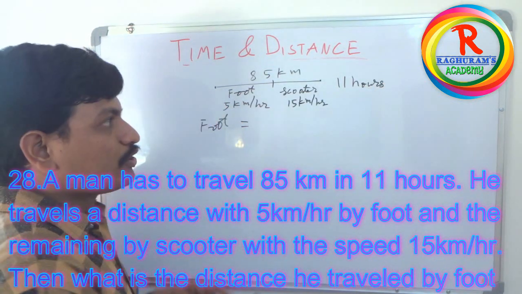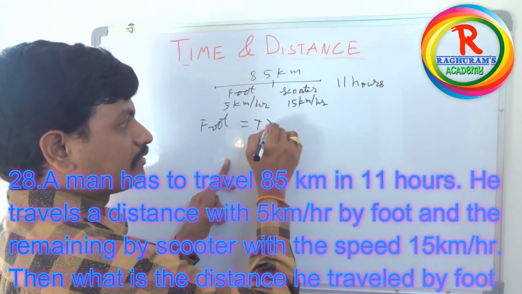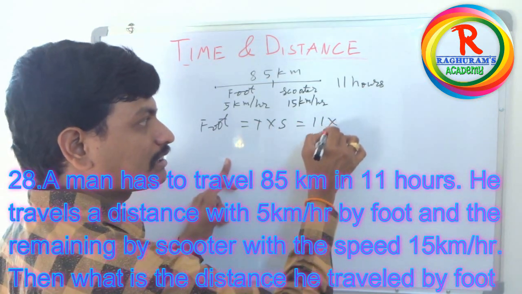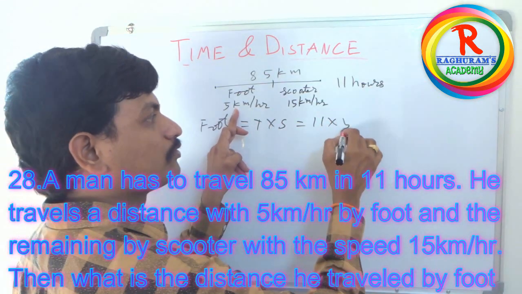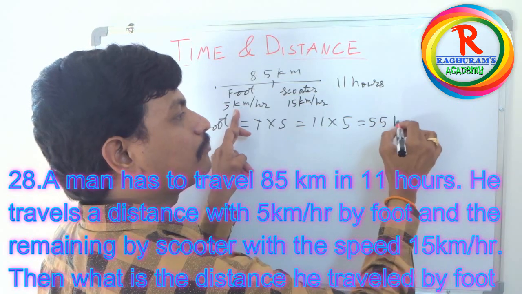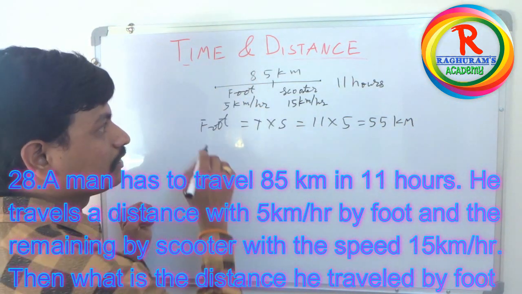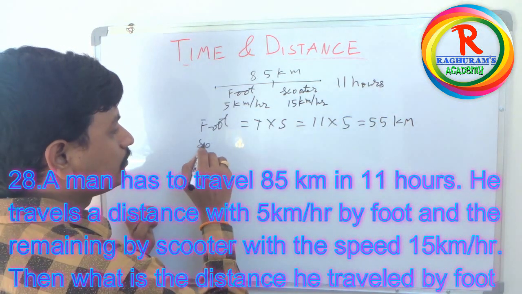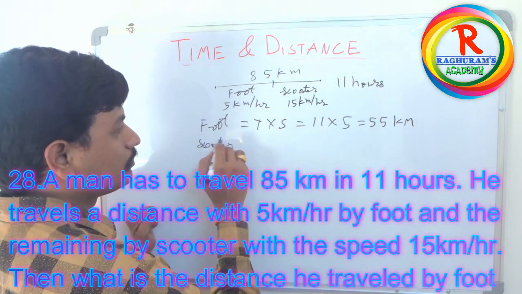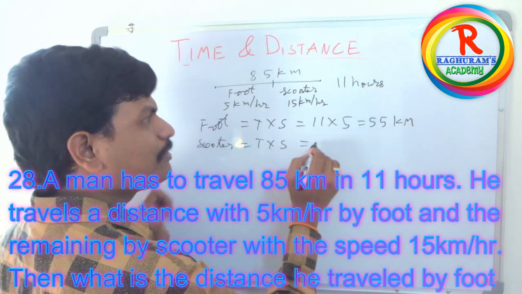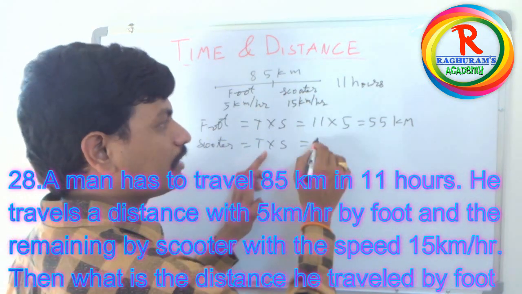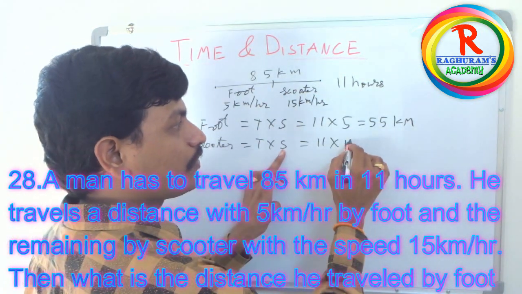Okay, so in 11 hours, time into speed. In 11 hours, the speed by foot is 5. He can travel 55 kilometers. But it is 85 kilometers. By scooter, the time into speed, total time is 11 hours, speed is 15.